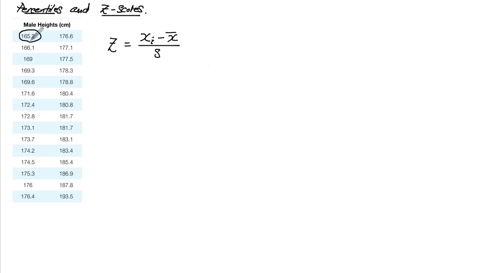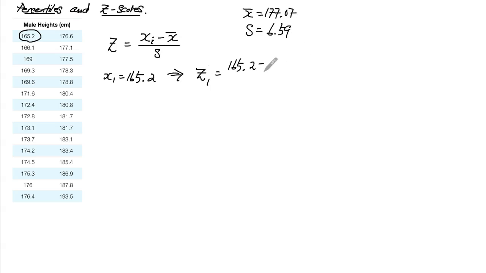Let's grab the shortest person in our sample. x1 is equal to 165.2, and his corresponding z-score, let's call it z1, is 165.2 minus the sample mean, which we had calculated in previous lectures, was 177.07, and the standard deviation, which we also calculated in one of the previous examples, is 6.59.